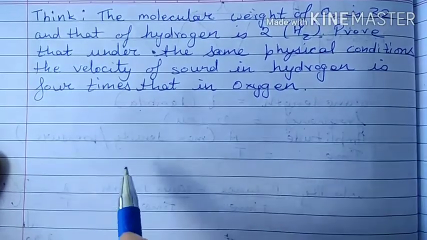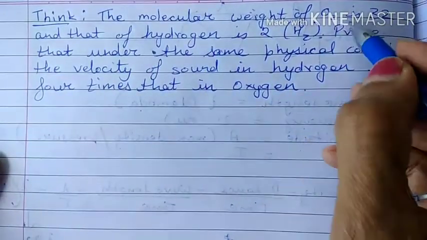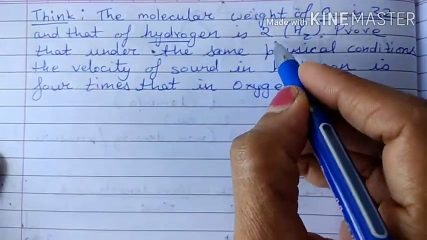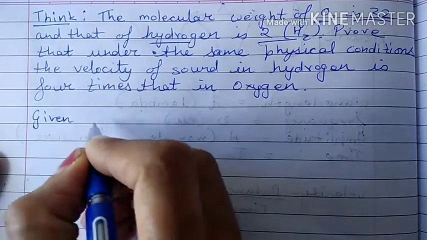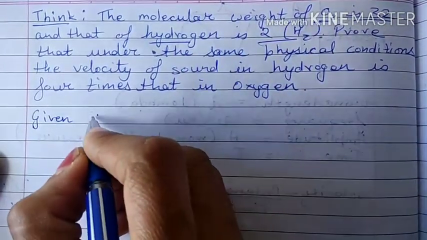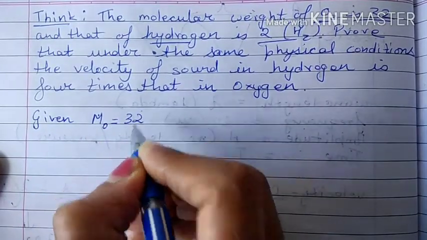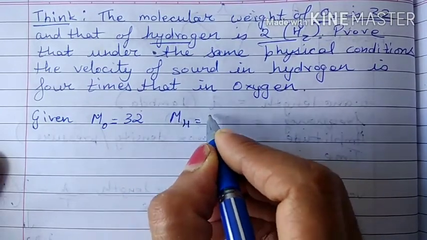From your textbook, the molecular weight of oxygen is 32 and that of hydrogen is 2. So let's write what is given. Molecular weight, let's assume the molecular weight for oxygen is MO. So MO is equal to 32, and for hydrogen MH, that is given as 2.